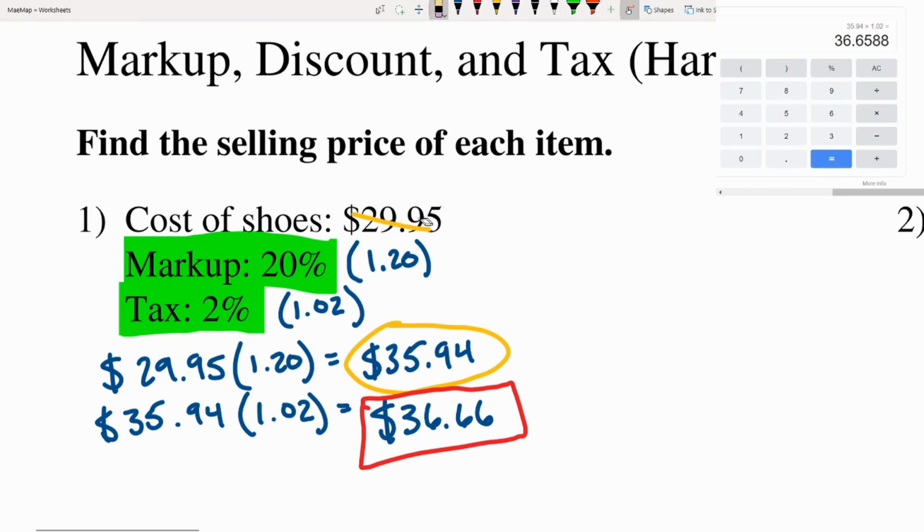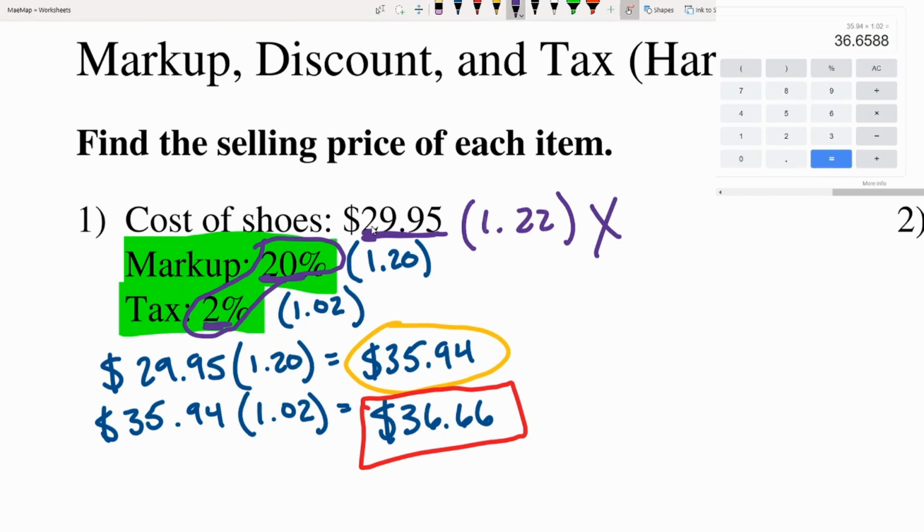Now, just like I said before, lots of times people think, oh, well, markup and tax are both increasing those values. So I'm going to just multiply $29.95 by 1.22, combining those through addition. This is the incorrect way to think about it, because then you can see we're marking up the original price and taxing just that original price, where those prices need to change.